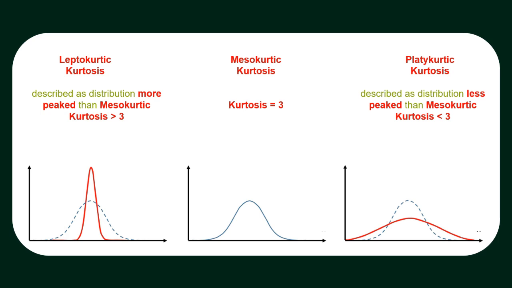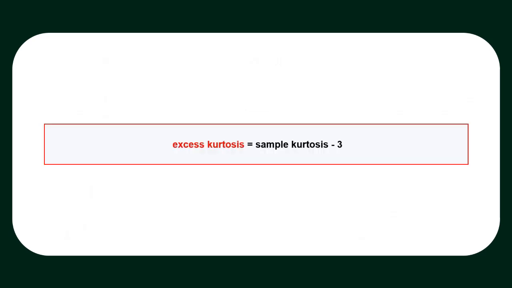Second is leptokurtic, described as distribution more peaked than a mesokurtic and kurtosis is greater than 3. Third and the last one is platykurtic, described as distribution less peaked than a mesokurtic and kurtosis is less than 3.